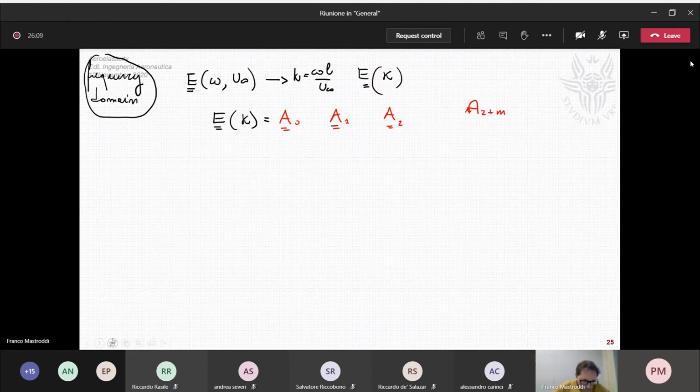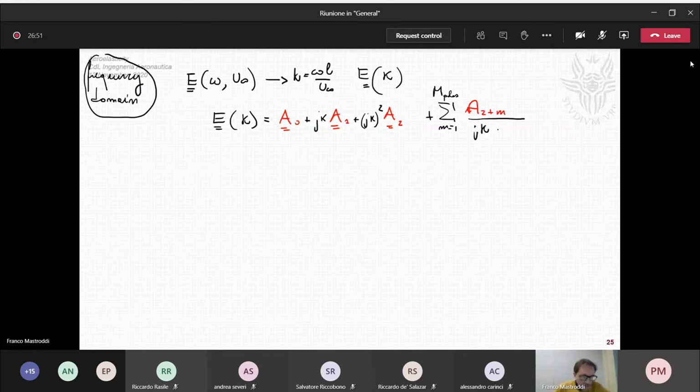In particular, we want to fit this interpolating structure: a constant term, plus a complex term depending on jk, plus the square of jk, and then something different, a summation from 1 to M of M poles of the structure, divided by jk minus a fixed number beta M. So what does it mean?